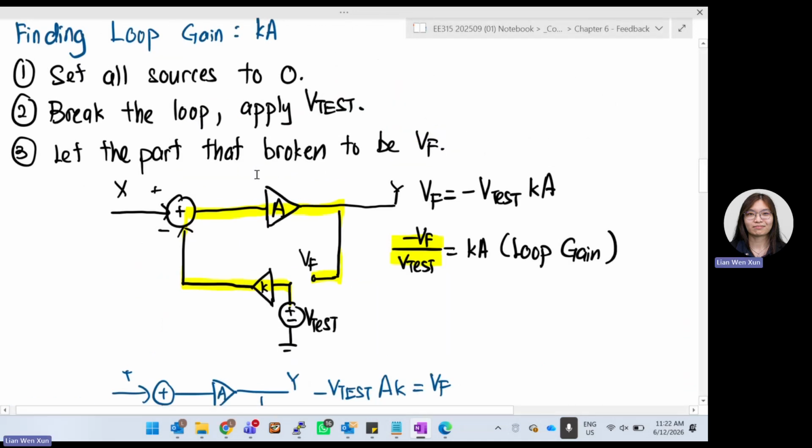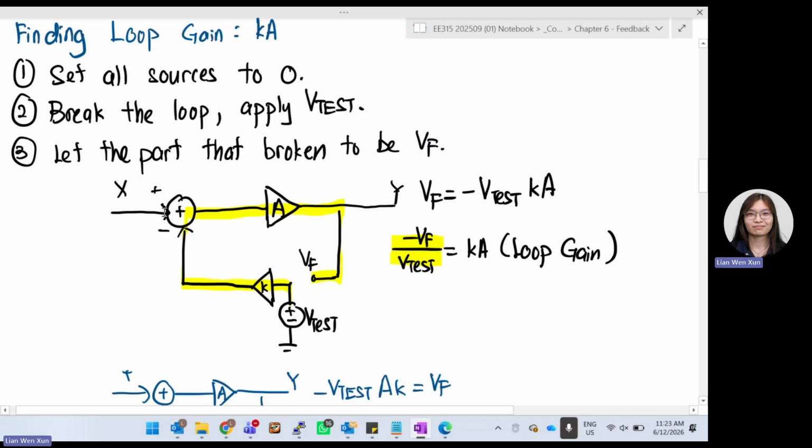This is our closed loop system. We break some part of it. Okay, we just break this part. We apply a V-test, so let's examine what your VF is. We see V-test times K is somewhere over here. V-test is positive, times K is V-test K. But after we go in here, we got negative.